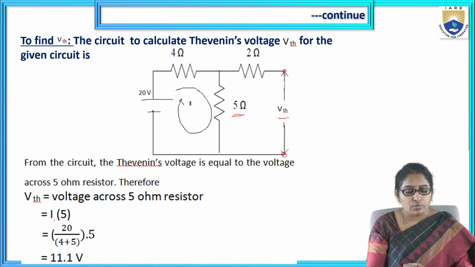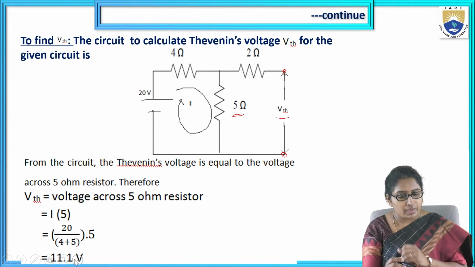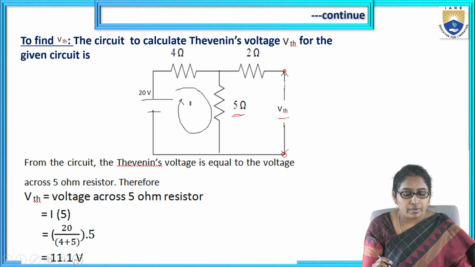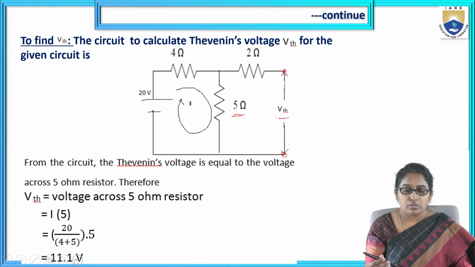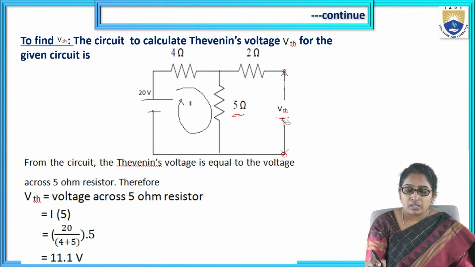VTH is equal to I into 5, the voltage across the resistor. And I is 20 by 4 plus 5, into 5, which gives 11.1 volt. So that is the VTH value.